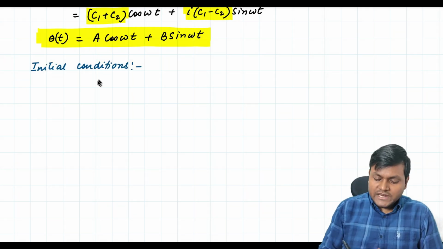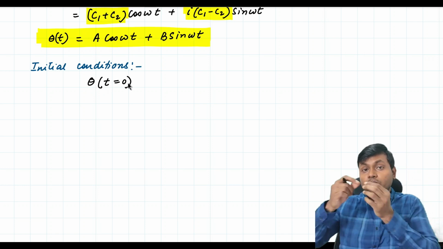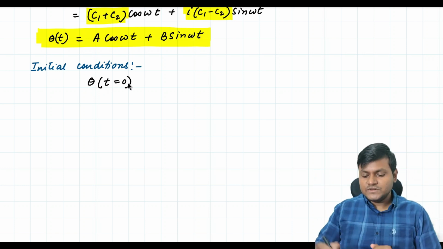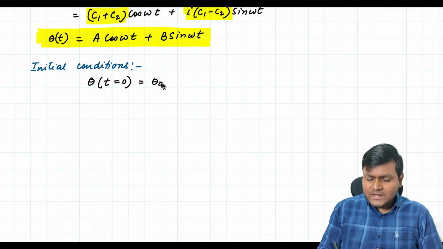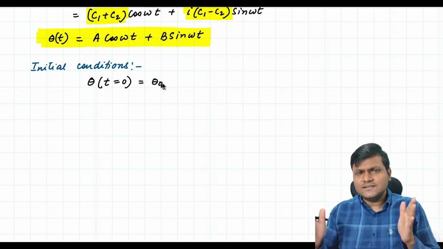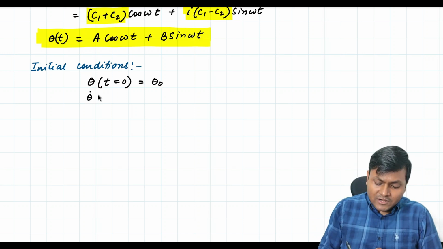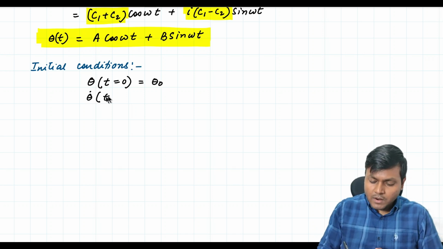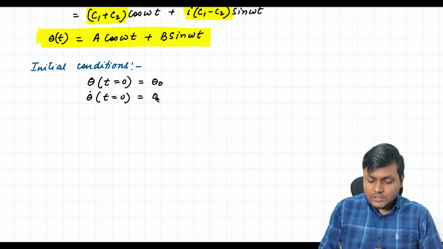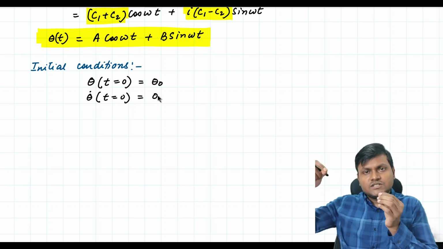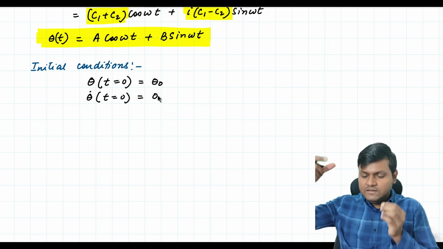So according to the initial conditions, I'm saying that theta at time t is equal to 0, when we displace the pendulum from its equilibrium position, is some value, let's suppose theta naught, some small angle theta naught, maybe 5 degrees, maybe 10 degrees, something like that. And theta dot, which is the velocity that we impart at time t is equal to 0, is 0. That means we don't give it a push, we just stretch it from its equilibrium and leave it there.